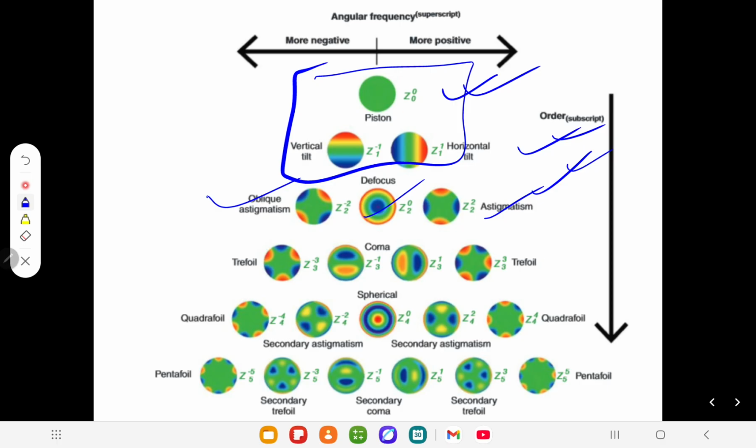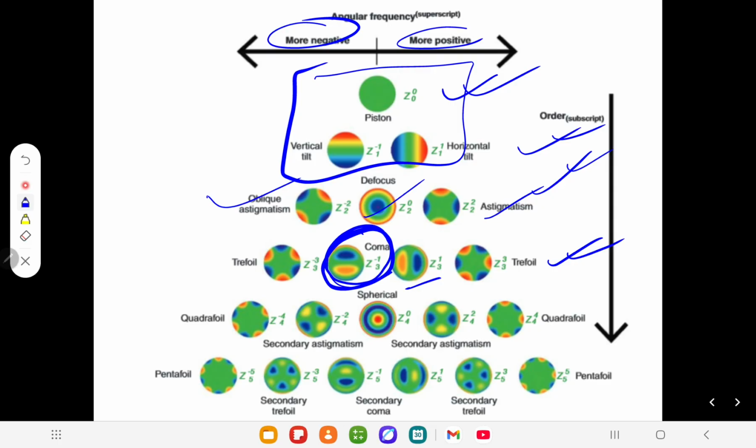Third order aberration is the first higher order aberration, and in case of third order aberration, what is most important is vertical coma. In keratoconus, vertical coma is very important, not horizontal coma. Yes, threefold, and we know it, the more left side is more negative, which is basically vertical. Horizontal is shown in positive.